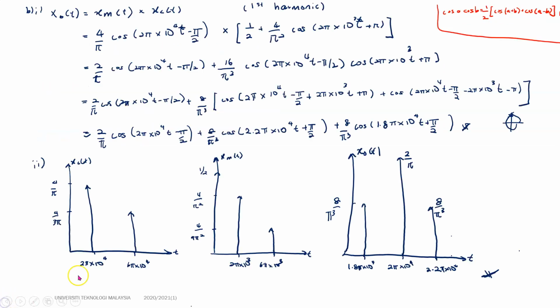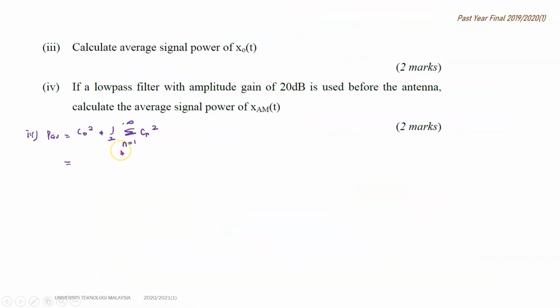If we look at xo(t) here, we just take the value of each of the spectrum components and put them in the equation. So what we have now is 1 over 2, and then you put in each component of the spectrum for xo(t), you square and divide by 2, and this is the answer that I obtained. Please let me know if I have wrongly calculated this.